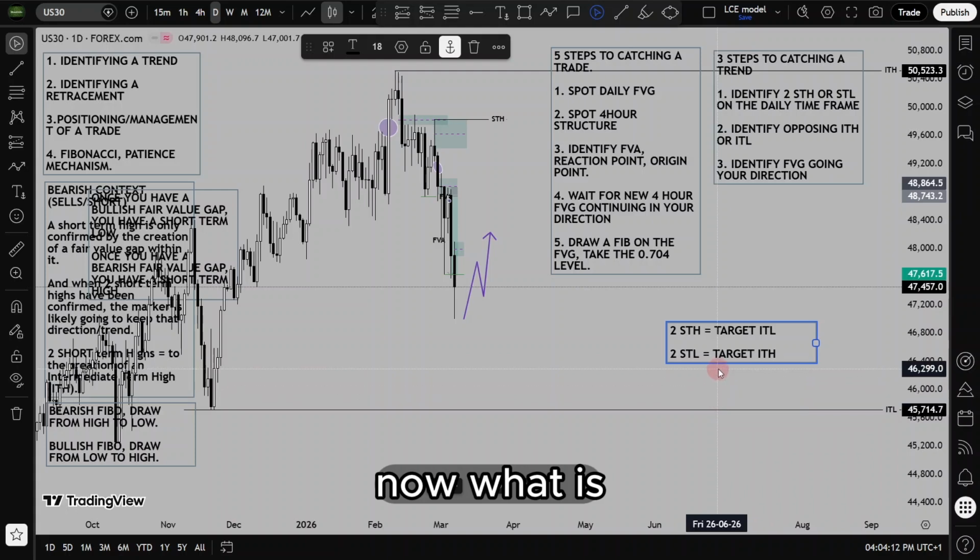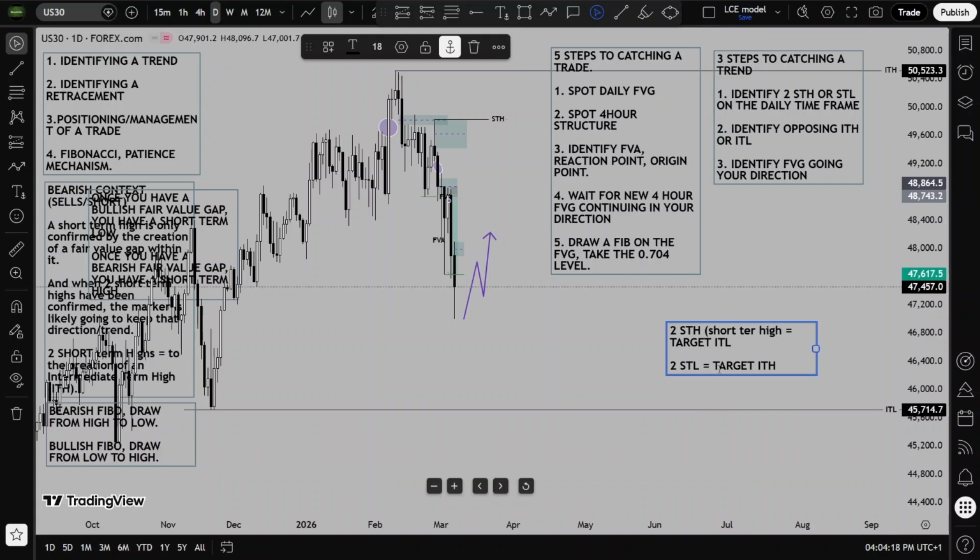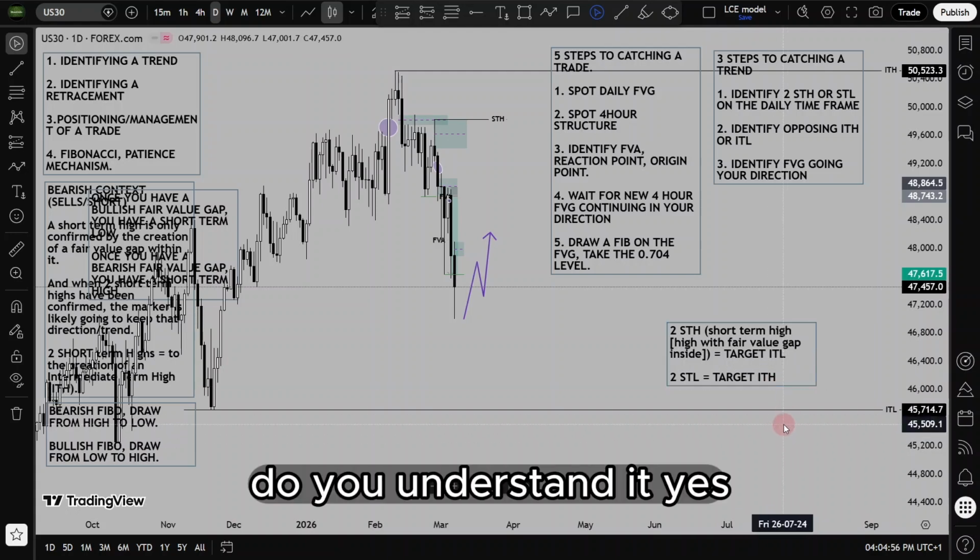Now, let me just quickly put it there: what is a short term high? Do you understand it?